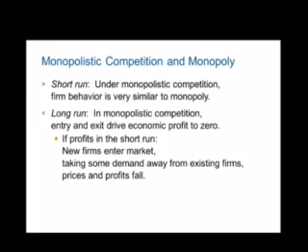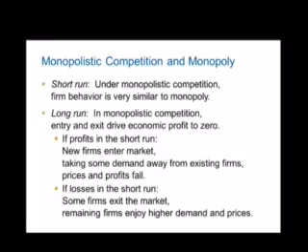If there is profit in the short run for a monopolistically competitive firm, new firms enter the market, taking demand away from existing firms, so prices and profits fall. If there are losses in the short run, then some firms exit the market and the remaining firms enjoy higher demand and prices.